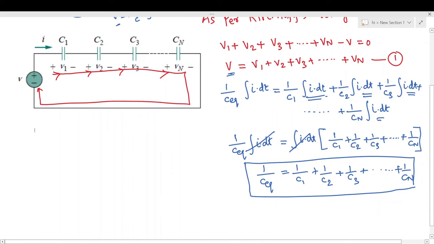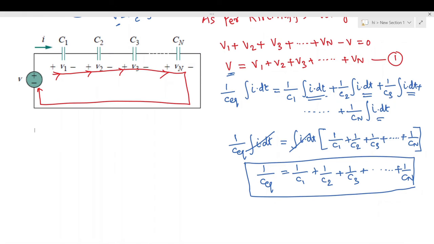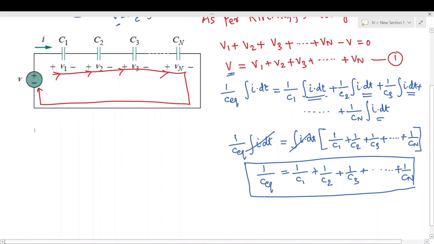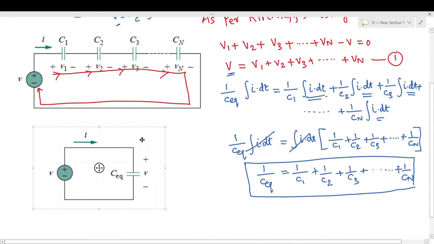We need to find out the value of current I in the circuit diagram. To find out the value of I in this circuit, we need to replace the individual capacitances with the equivalent capacitance, and the circuit will become like this.